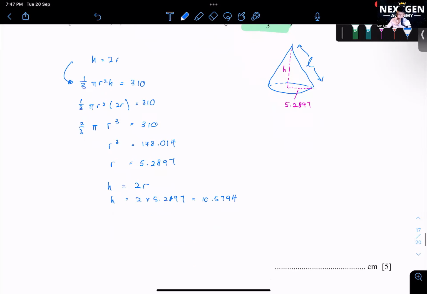Yes, 2 times 1 over 3 is 2 over 3. So I know my height is 10.5794. Can I use Pythagoras theorem? The final step: L square equals the radius square plus the height square, 10.5794 square.